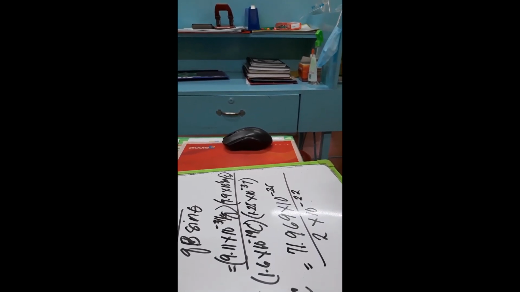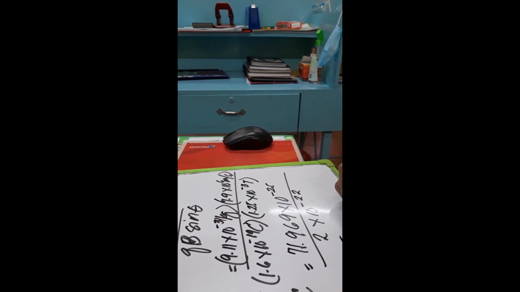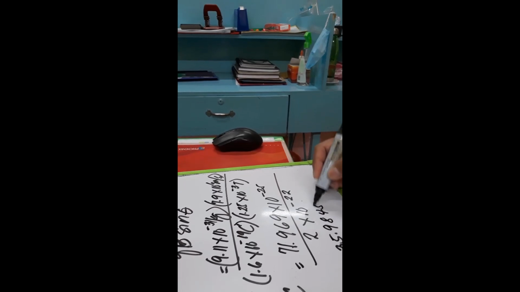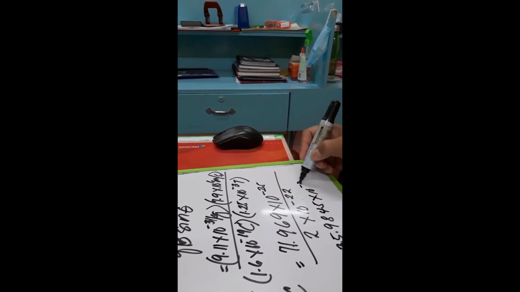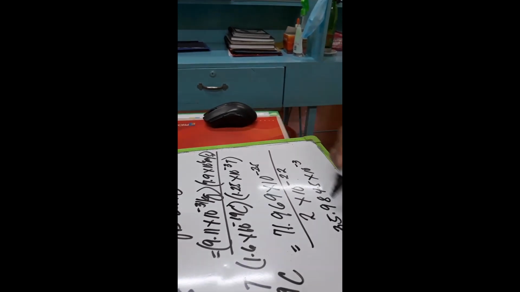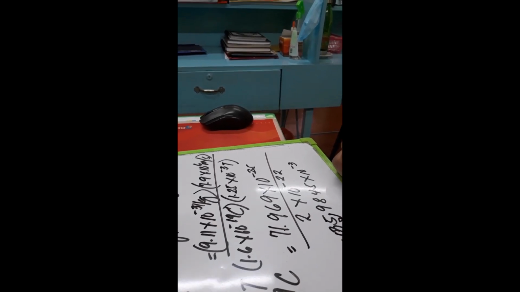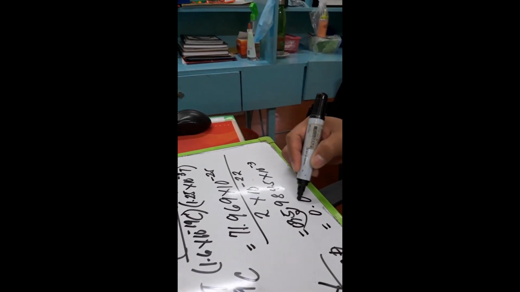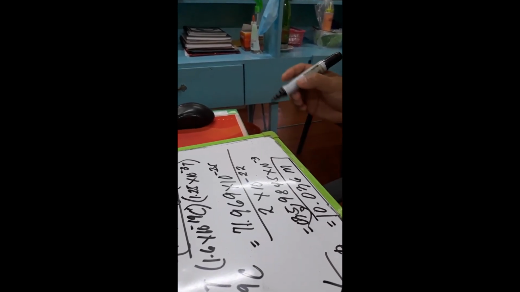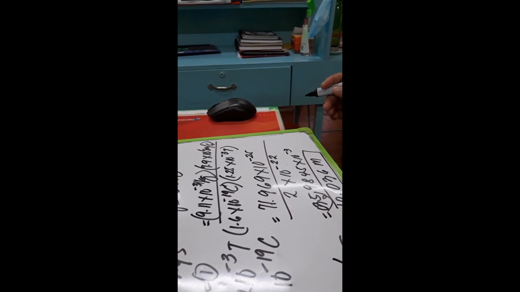So answer should be 35.9845 times 10 raised to negative 3. Negative 25 minus negative 22 is negative 3. Or you have to move the decimal point 3 times. So our final answer is 0.036 meters. This is our final answer for the first problem, which is the radius.